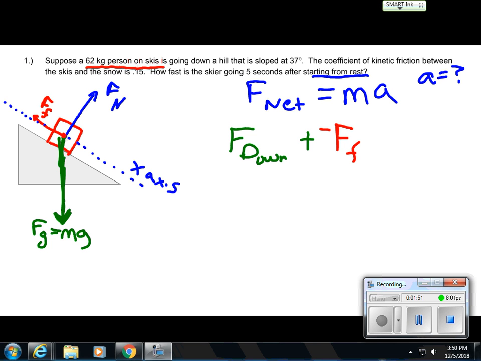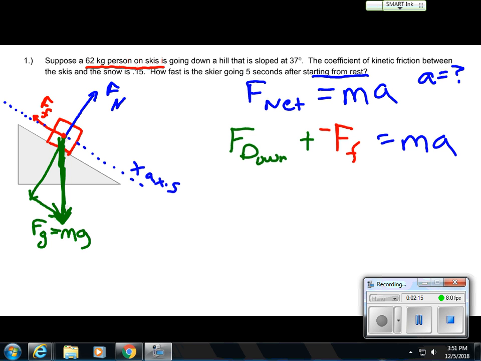And we're going to set that equal to ma. Now, force down is only a component part of mg. So we want the x component part. If we break this up into two parts, it's going to have this part, one vector, and this part, another vector. We only care about this vector.